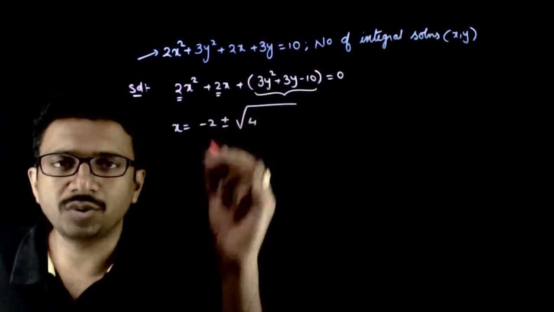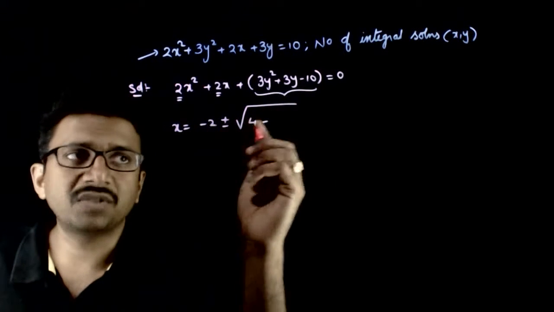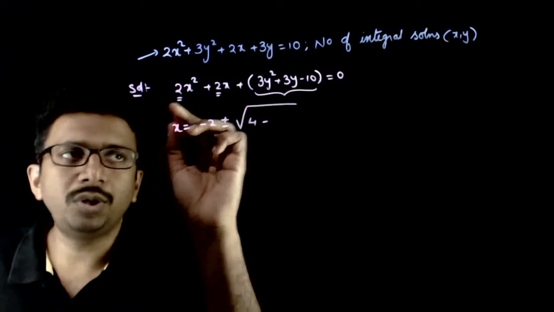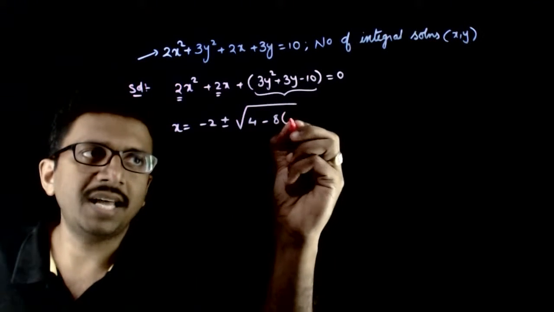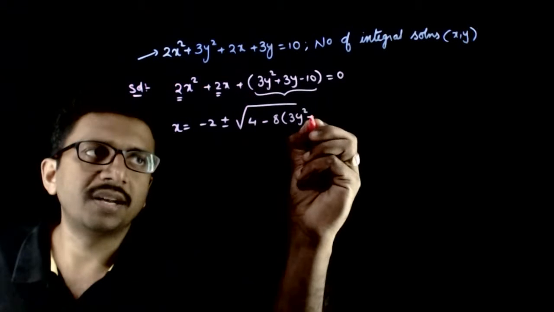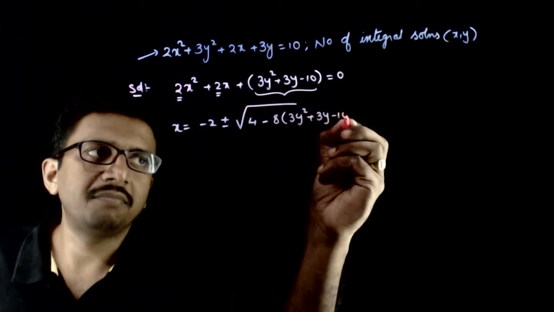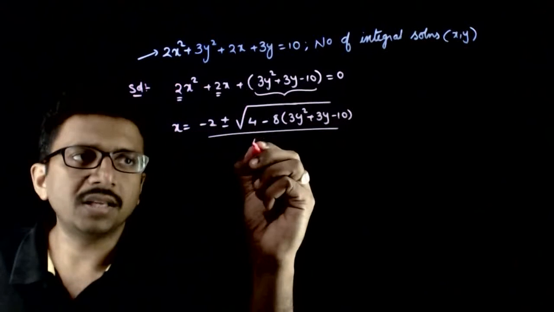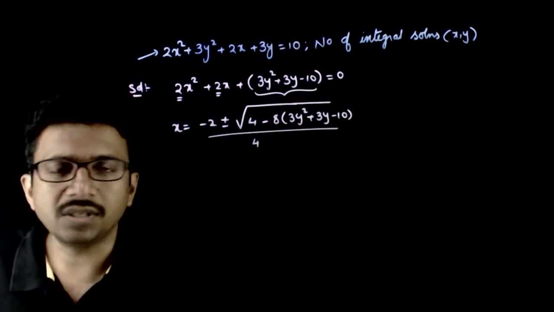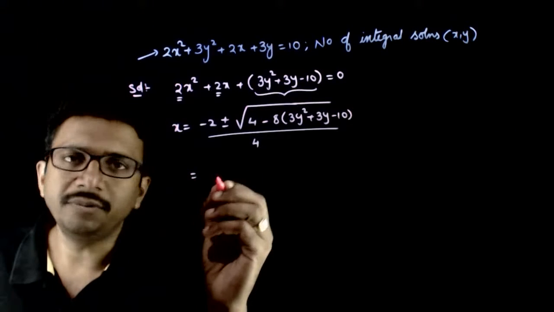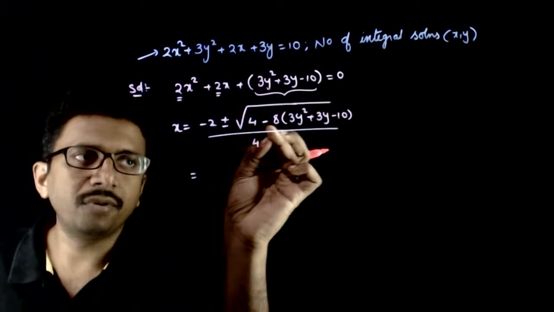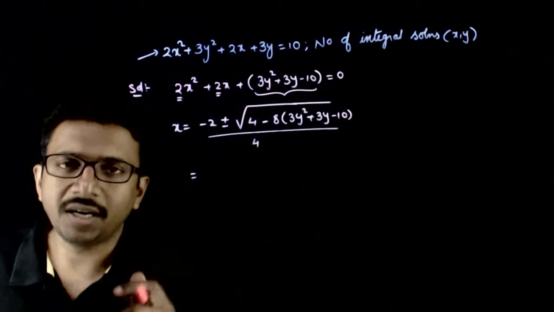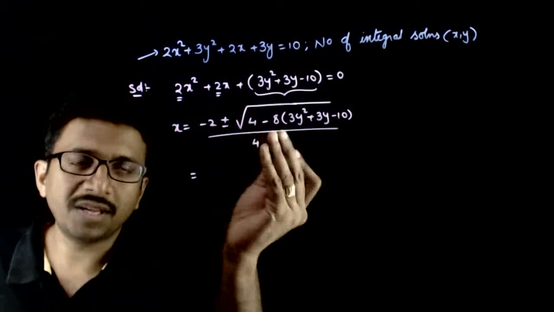Here b² is 2², which is 4, minus 4 into 2 into this, that is 8 times (3y² + 3y − 10), all divided by 2a, which is 4, since 2 into 2 is 4. You have a 4 and you have an 8, so you can take a 4 as common under the root, and that comes out as 2.